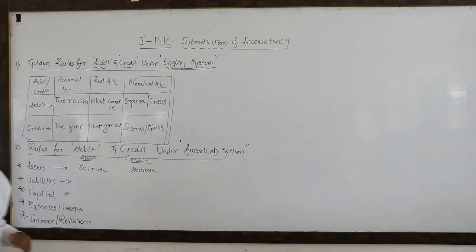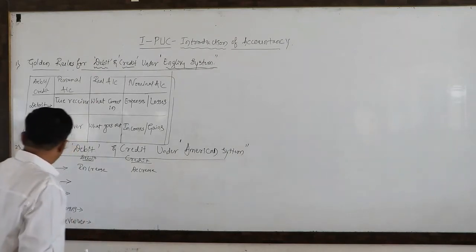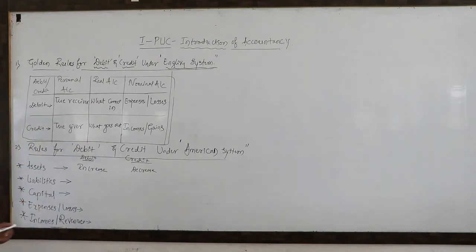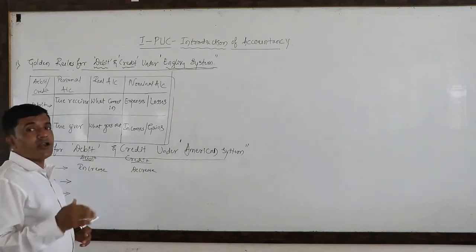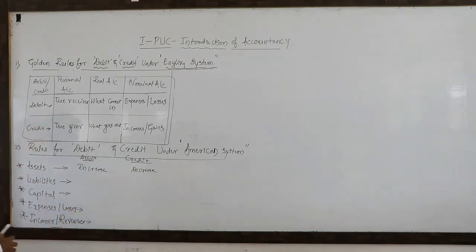As we discussed in the previous video, the term capital is the amount invested by the owner in an organization for starting the business. And these two terms, the expenses or losses and incomes or revenues, you have already seen in nominal accounts. Like this, they have classified the accounts in 5 aspects.